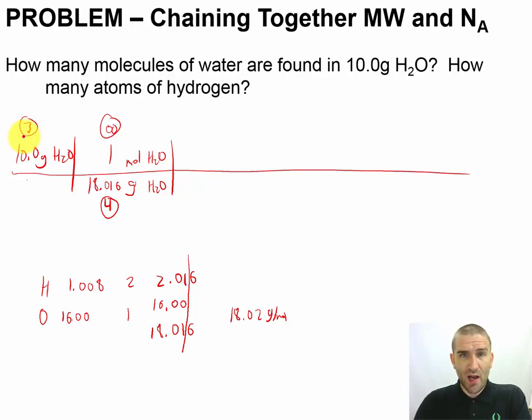Okay, so right now I'm ready to find out how many moles of water I've got. But I've got to get from moles to molecules. So I need to go moles of water to molecules of water. Now, things are cross-canceling nicely.